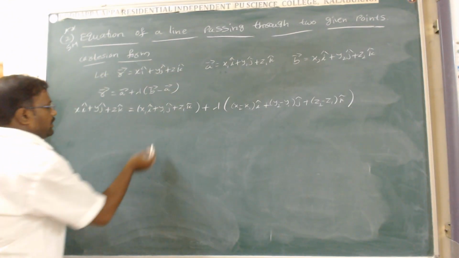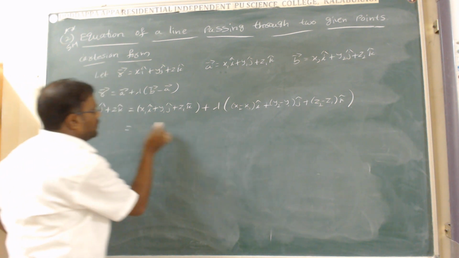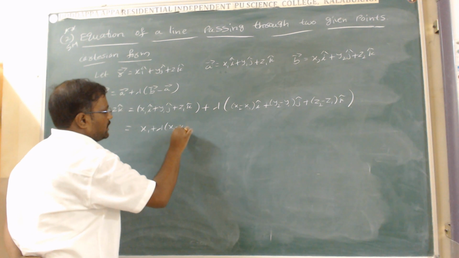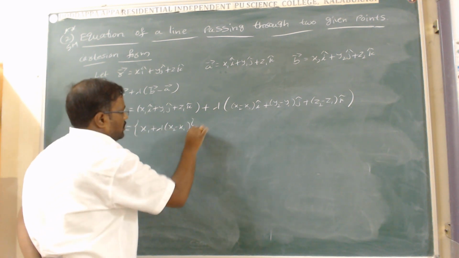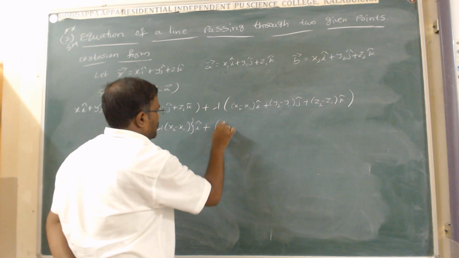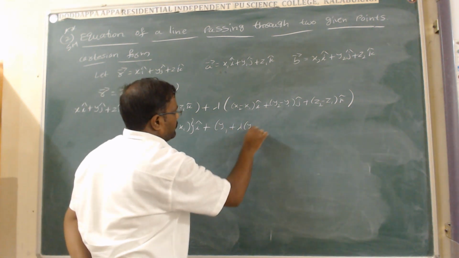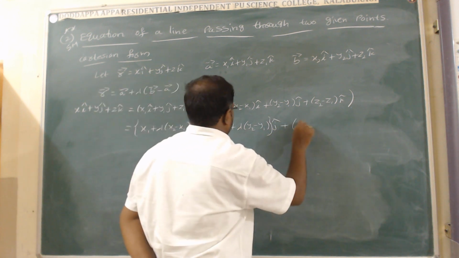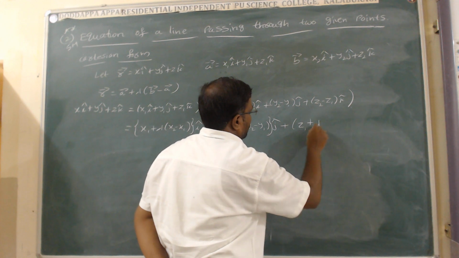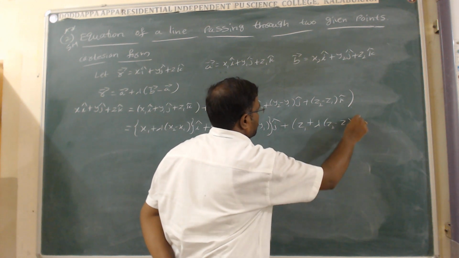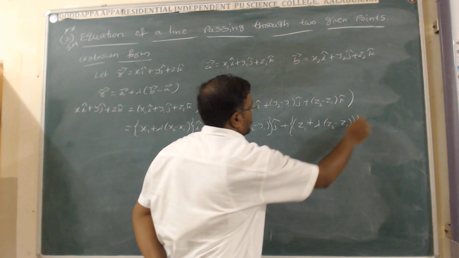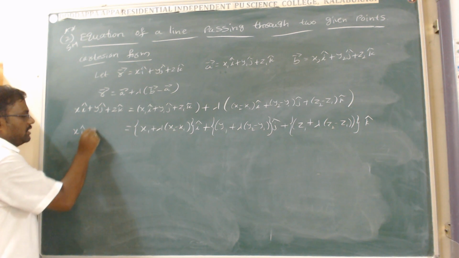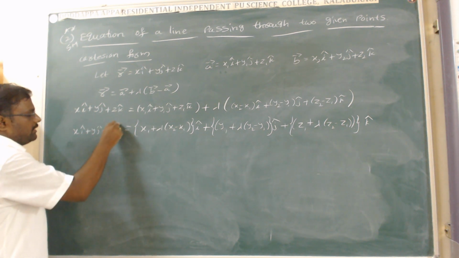Next, similarly, add these two values. If you add these two values, you get x1 plus lambda of x2 minus x1 times i, next y1 plus lambda of y2 minus y1 times j, next z1 plus lambda of z2 minus z1 times k, here xi plus yj plus zk.